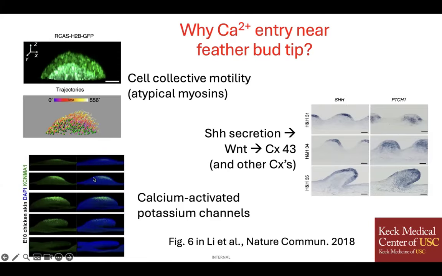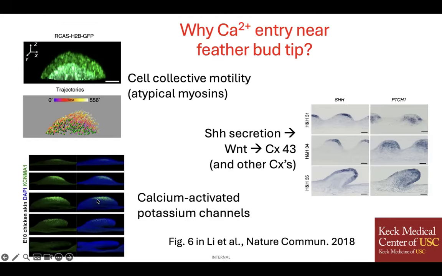Another reason why calcium entry near the tip is important is that there are so-called calcium activated potassium channels. It's hard to see here, but this is a feather bud at different stages. And what you see is, again, left is anterior, right is posterior.